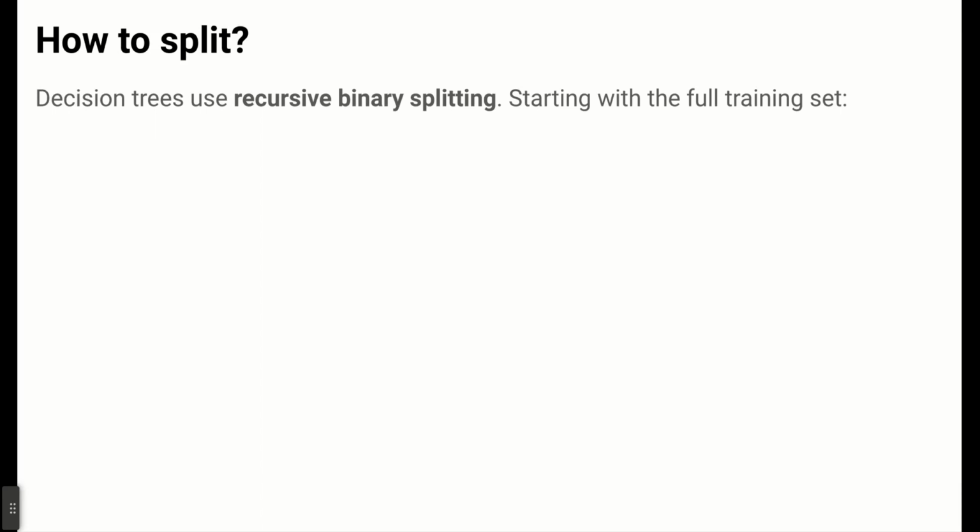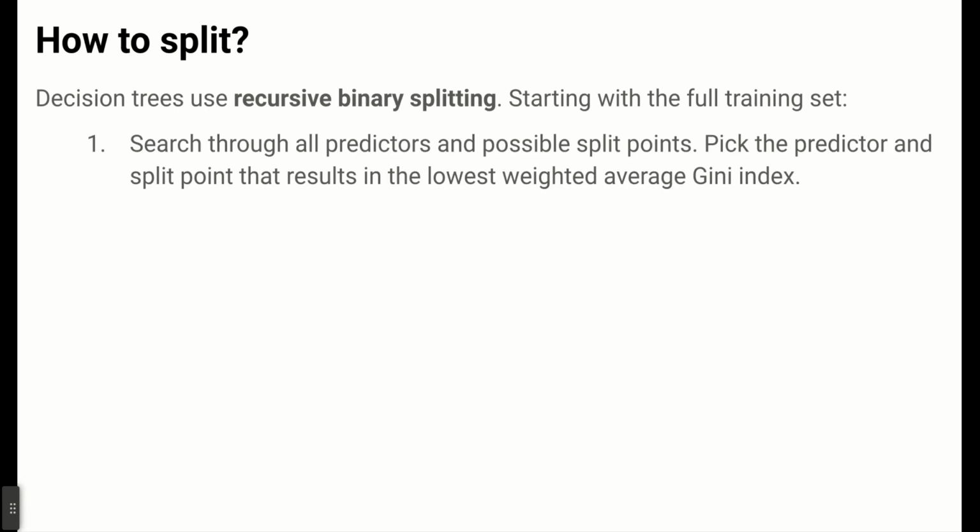Now we can dive into fuller detail about how trees decide on good predictor splits. The algorithm used is called recursive binary splitting, and it proceeds as follows. First, we search through all predictors and all of their possible split points. We find the particular predictor and split point on that predictor that gives us the lowest weighted average Gini index.